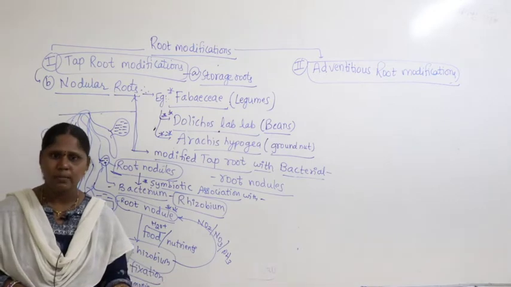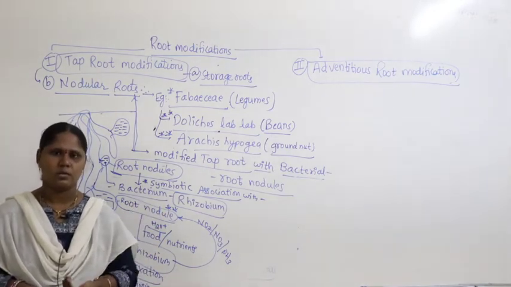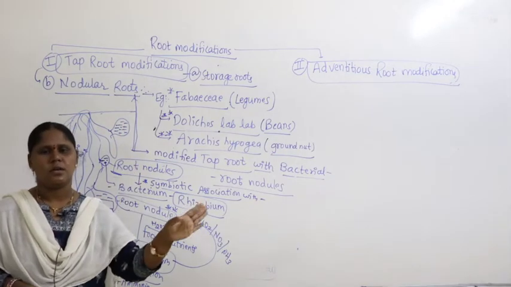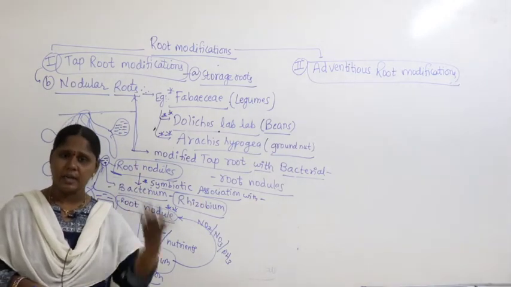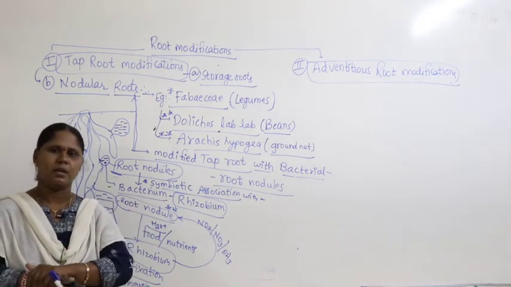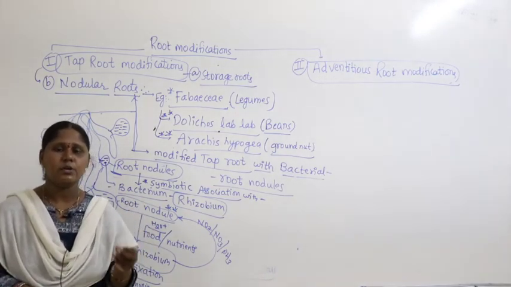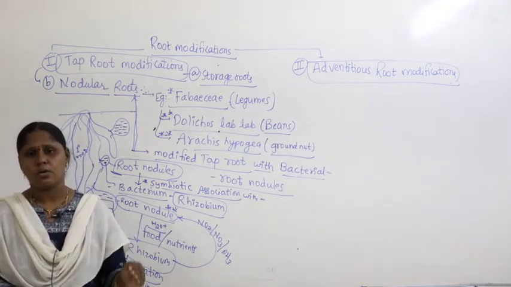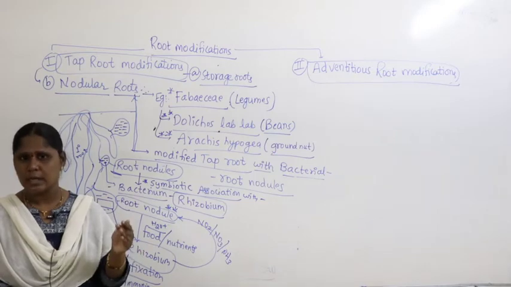You cannot escape or run away from microorganisms. Even if you take a bath 100 times throughout the day, you can still see millions of microorganisms. So, microorganisms are part of our daily life.